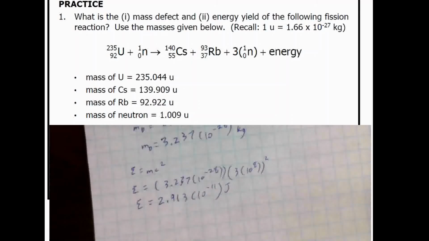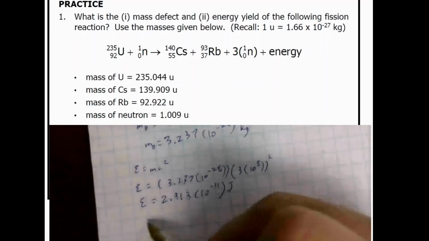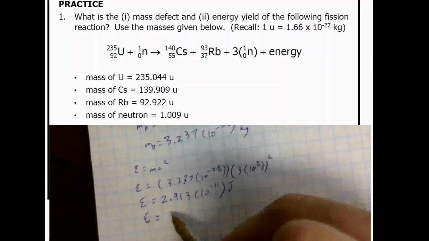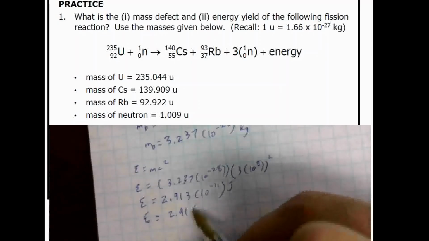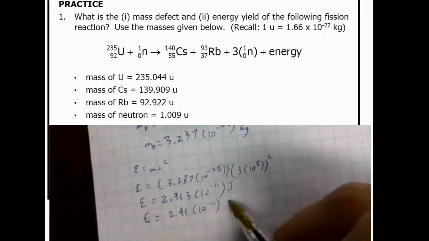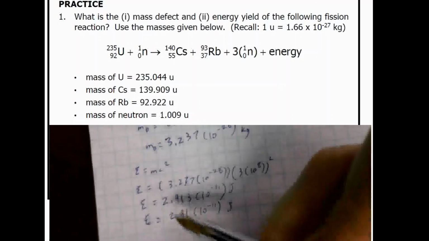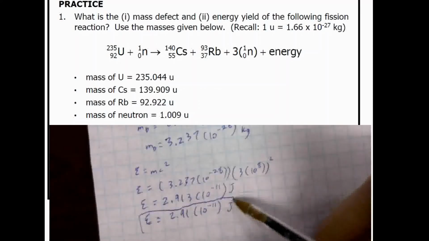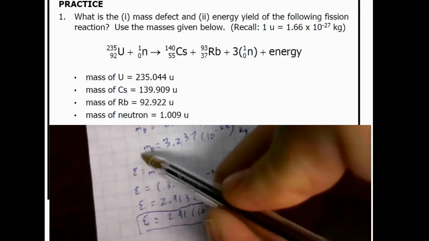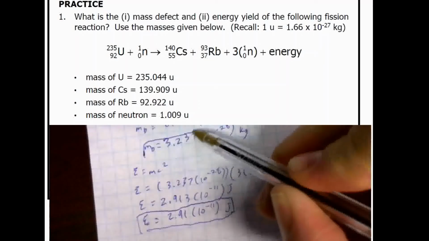And in this case, because I'm reporting an energy, I can actually report this with 3 significant digits. So basically, our answers are this value here and this value here.